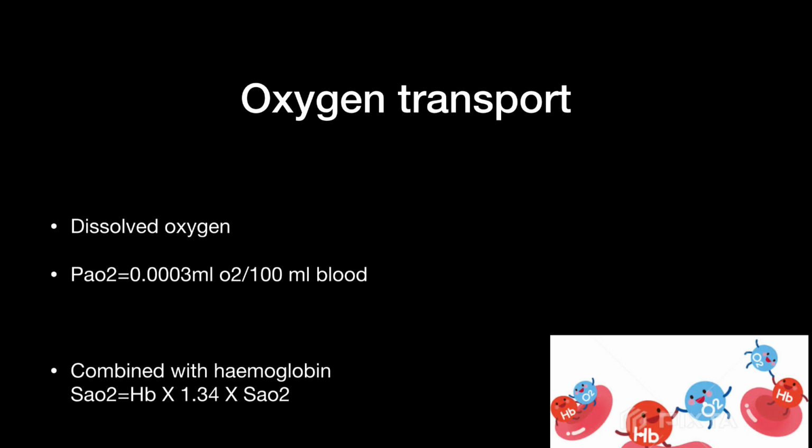Now, what is PaO2? PaO2 is the oxygen dissolved in the plasma. The amount of dissolved oxygen in the plasma is very small, less than 2%, and about 98% is combined with hemoglobin. The dissolved oxygen amounts to around 0.0003 ml in 100 ml of blood.